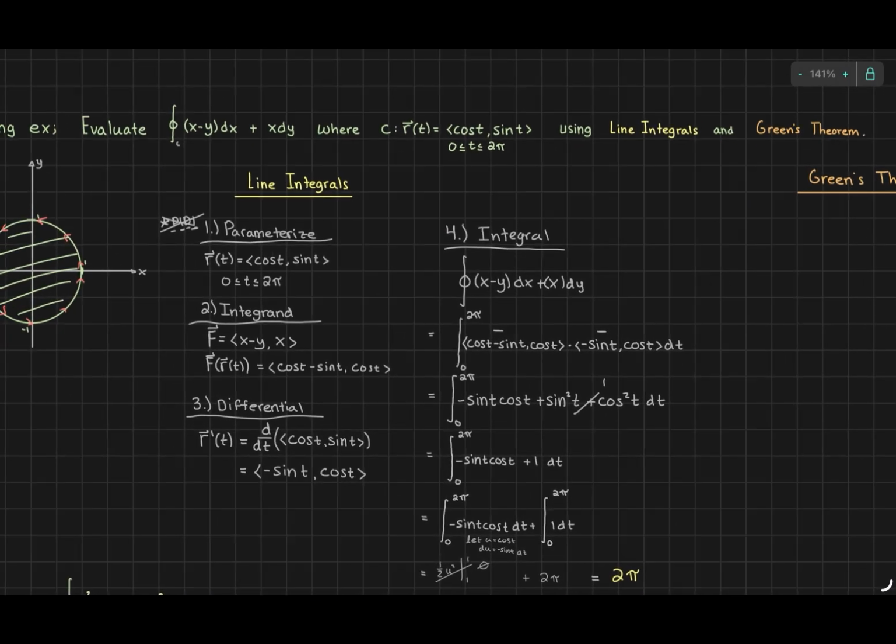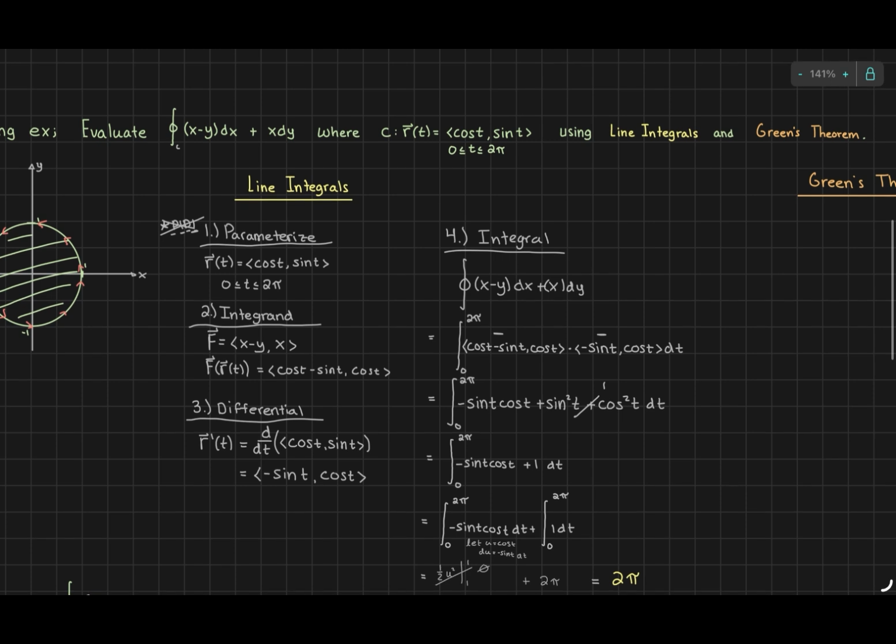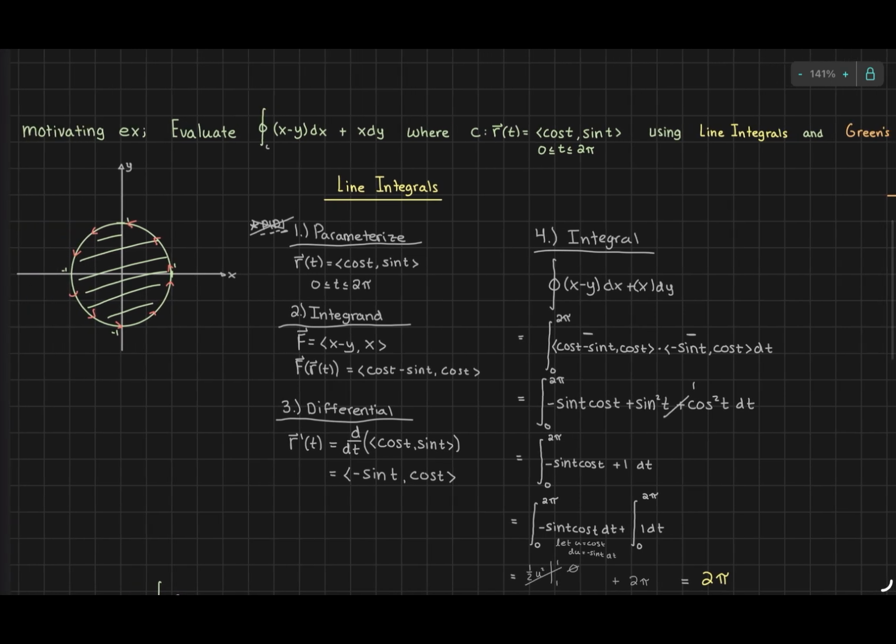Okay, so evaluating that with our line integral, we see it obviously works, but maybe Green's theorem would have been an easier way to go about this, and spoiler alert, it is going to be the easier way. Just a little note that I want to make. First off, once again, I just want to reiterate that I parameterized it and made sure that the orientation is positively oriented, meaning it is counterclockwise.